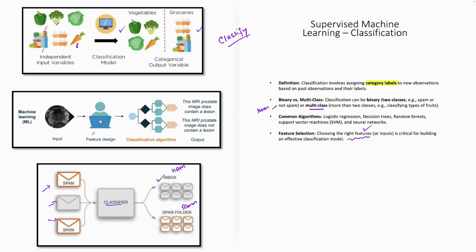It's a very good example here. We have taken machine learning used in the healthcare sector. Like if you have to detect prostate cancer, right, you would be feeding a lot of images, right? And when it goes via the feature design, it determines whether the MRI prostate image does contain a lesion or it doesn't contain a lesion.